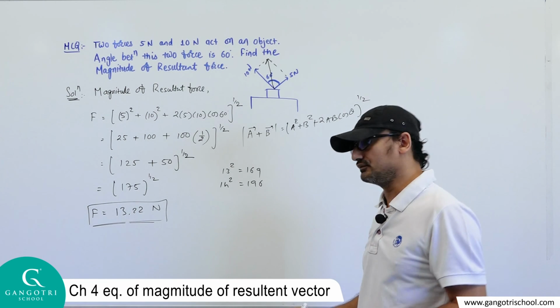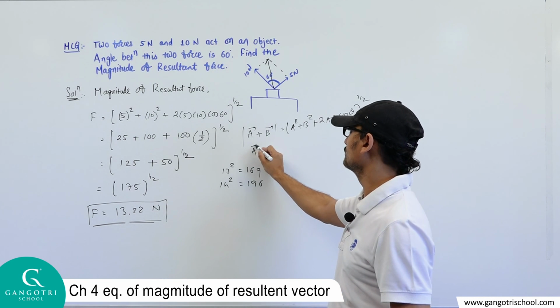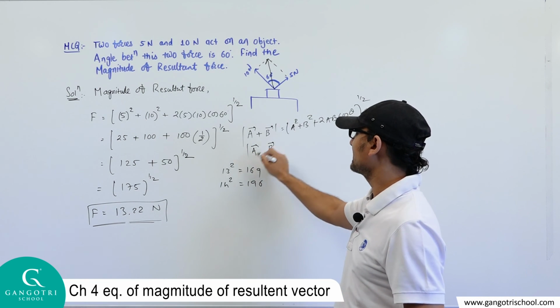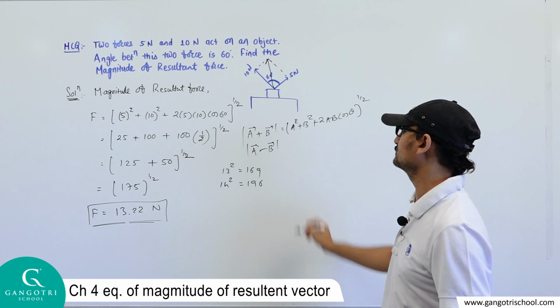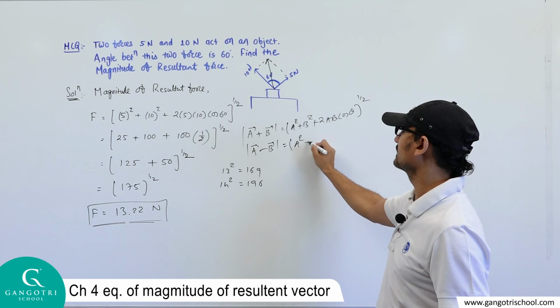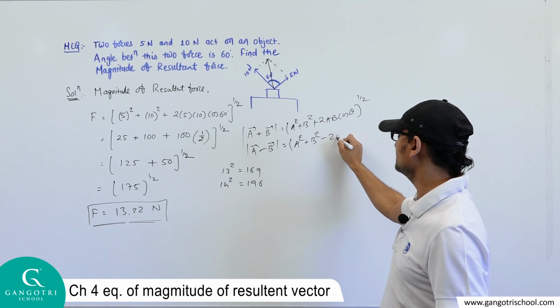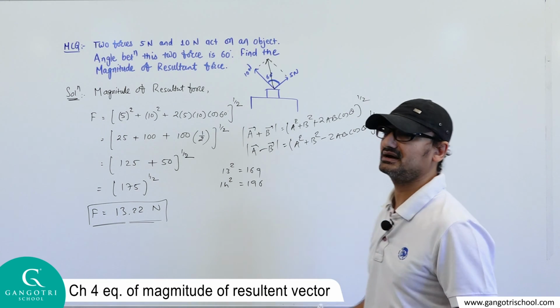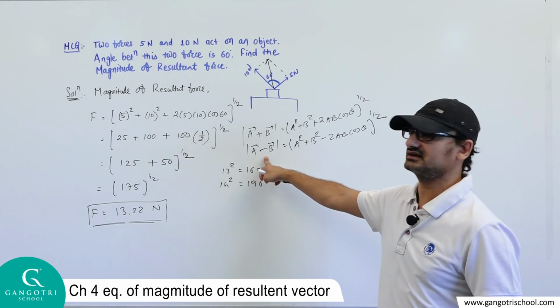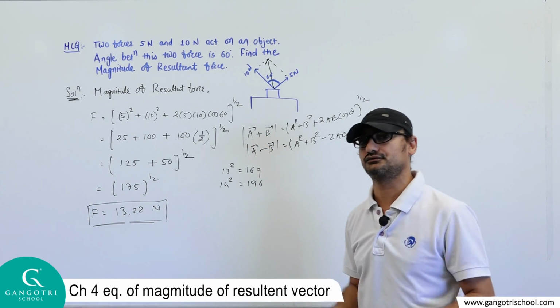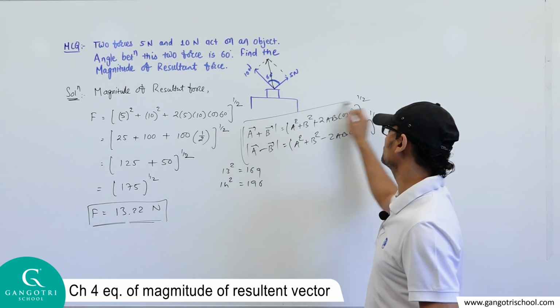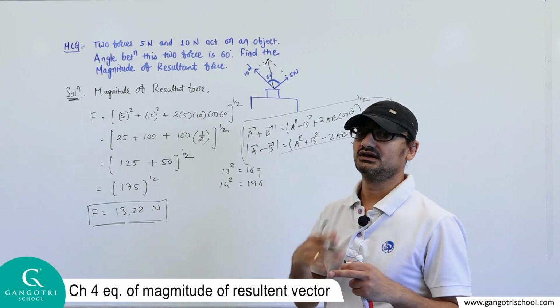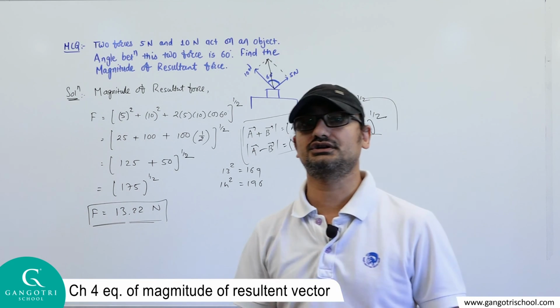Also remember one more point: the magnitude of the subtraction of these two vectors is a square plus b square minus 2ab cos theta, raised to 1/2, while the previous one gives the magnitude of addition of two vectors. So these two equations are very helpful in solving a few concepts in a shortcut way.